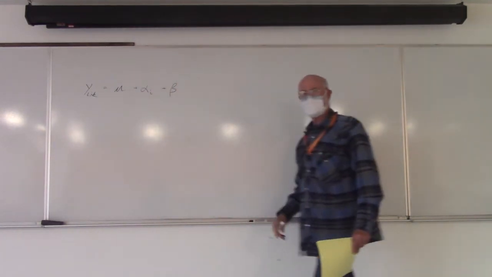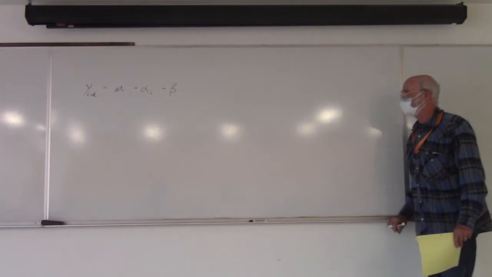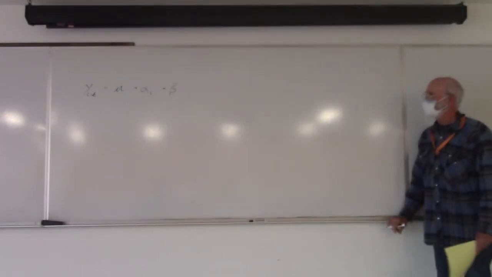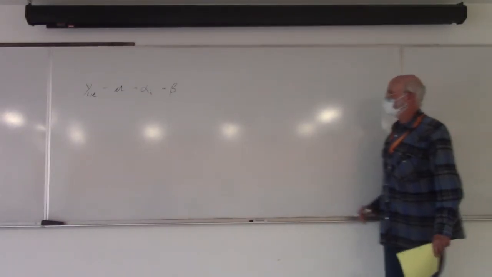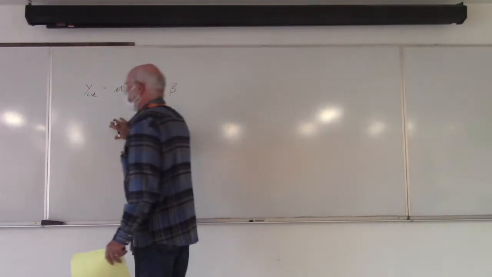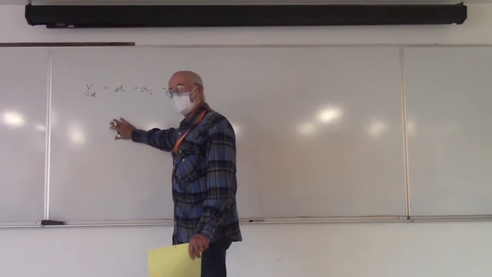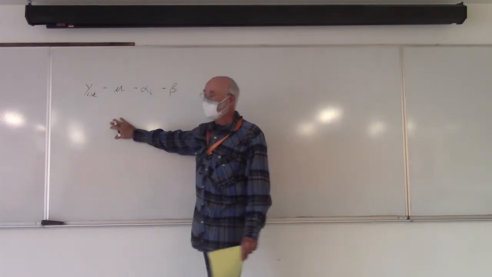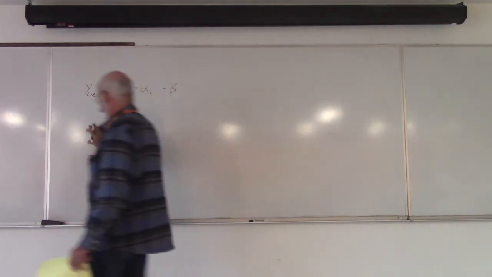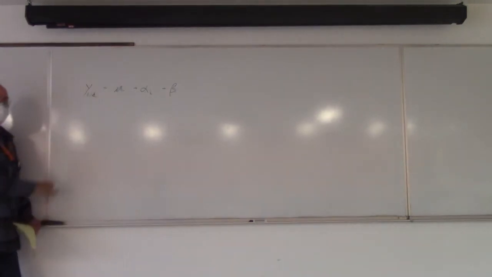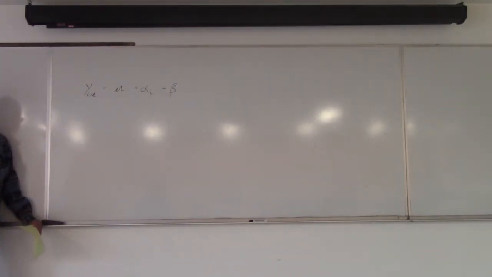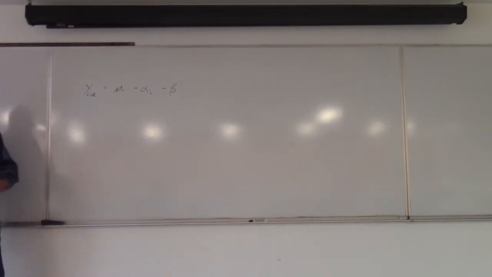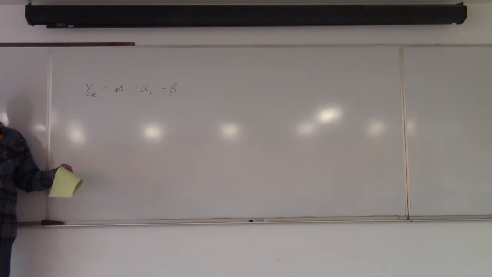And this is where it gets just a little bit tricky, because the betas, the trees, are firmly rooted in the ground. I can't just pick them up and move them. So if this tree happens to be on a south-facing slope and the next one is on a north-facing slope, I expect to see some variation amongst those trees, which has got nothing at all to do with the spray.